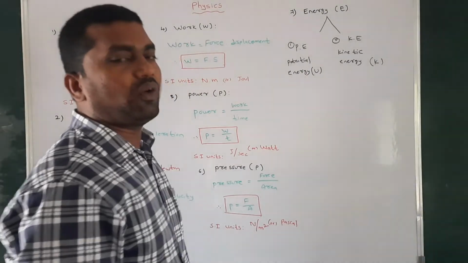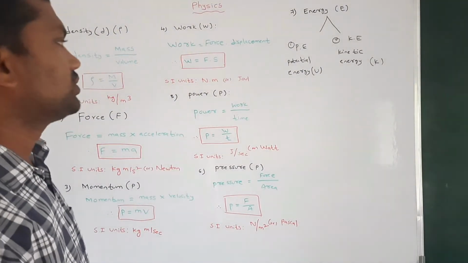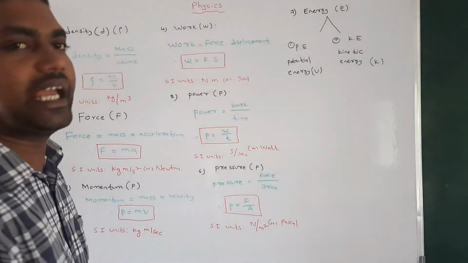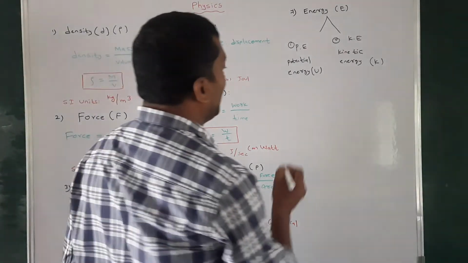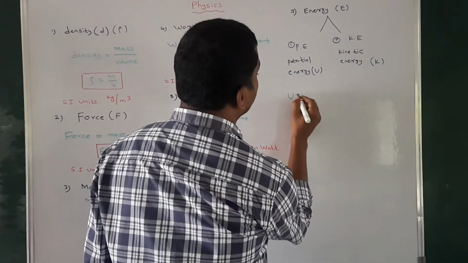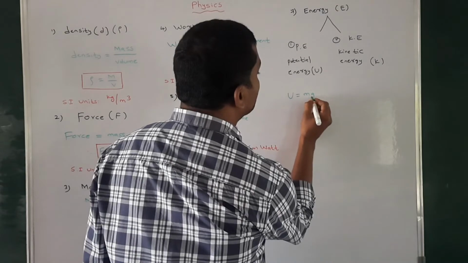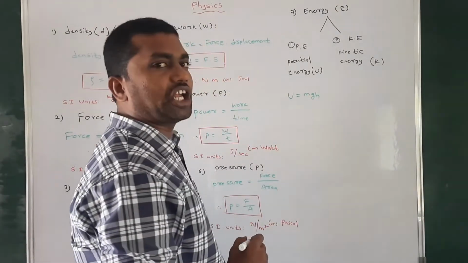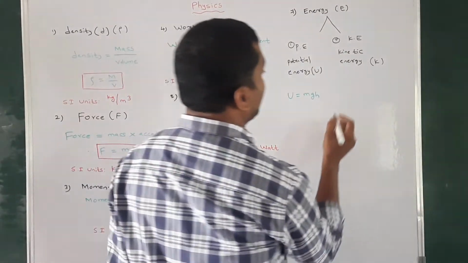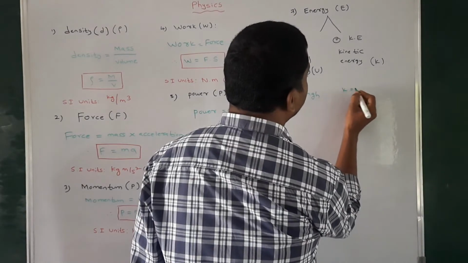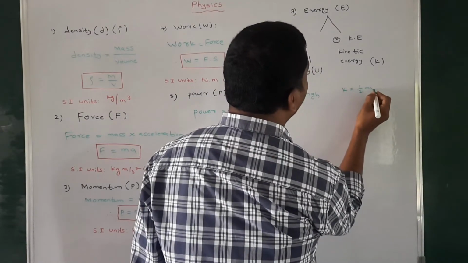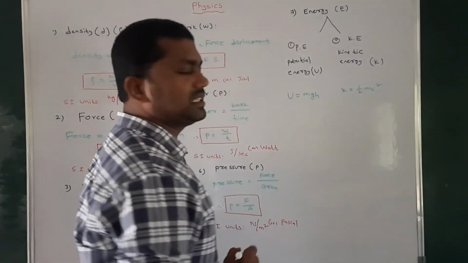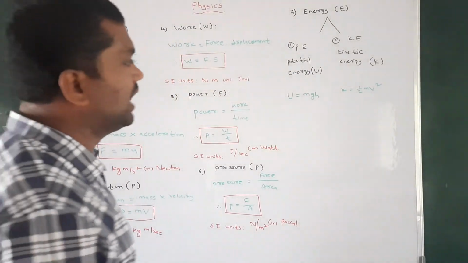Now we can take the formulas of energies. Potential energy, U is equal to mgh. And next one, K is equal to half mv square. This is the kinetic energy formula.